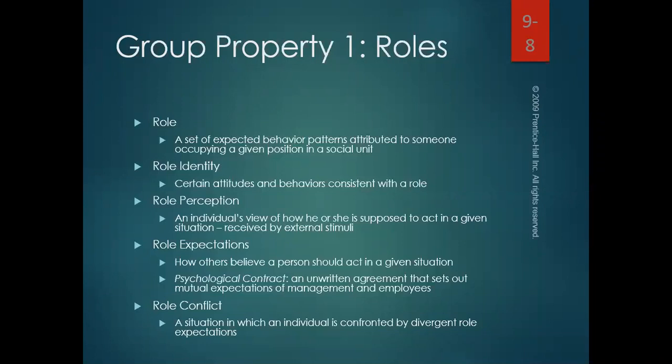A psychological contract is an unwritten agreement that sets out mutual expectations of management and employees. When you give a role to individuals in the organization, there is some kind of psychological contract. So how can I achieve it, how can I manage the resources, how can I manage the other aspects in the organization?